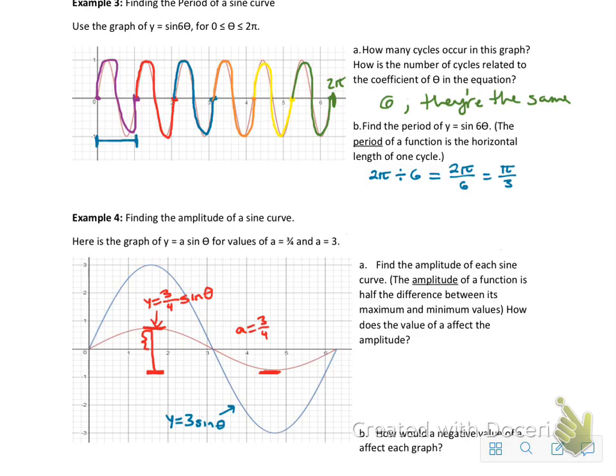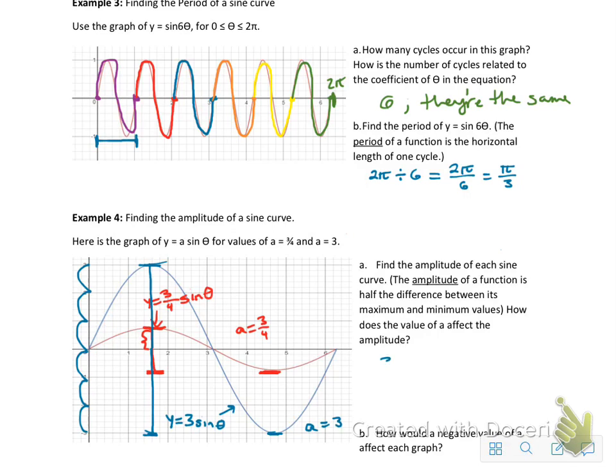And then the distance from top to bottom for the blue. So all the way from the top to the bottom would be 1, 2, 3, 4, 5, 6. And 6 divided by 2 is 3. So for the blue one, our A is 3.